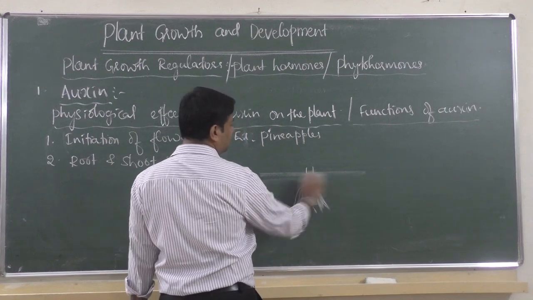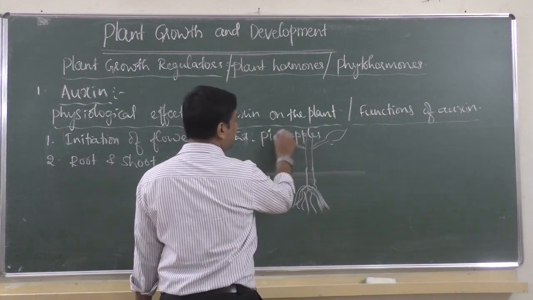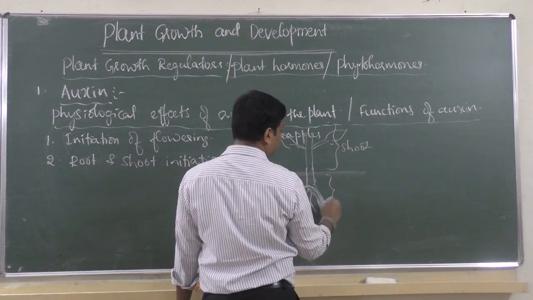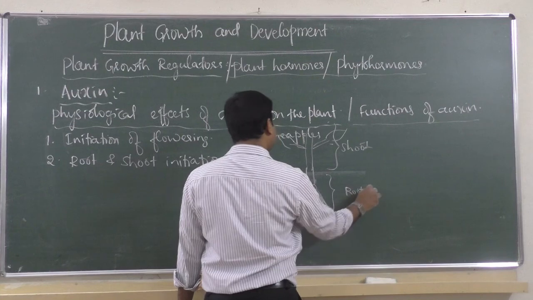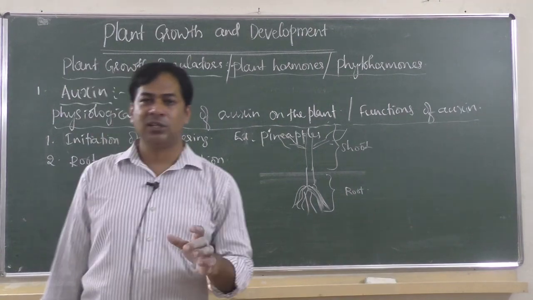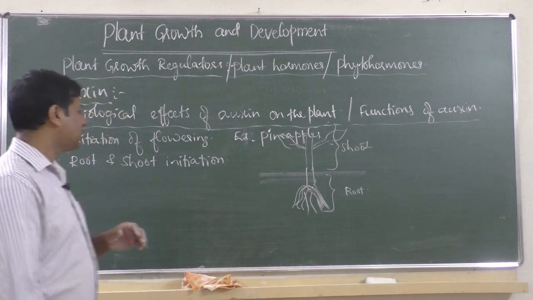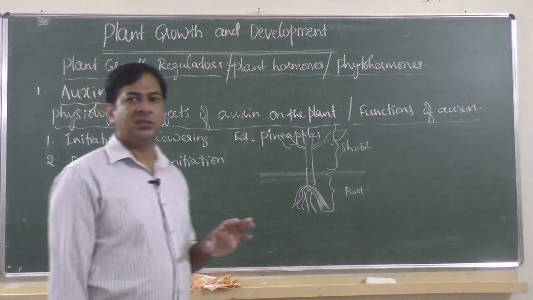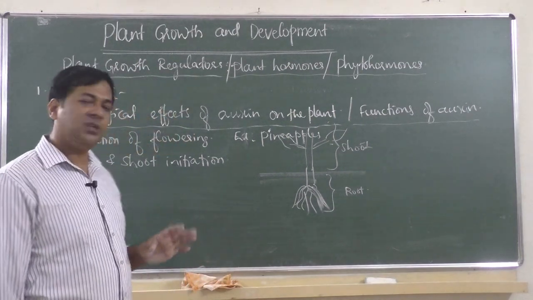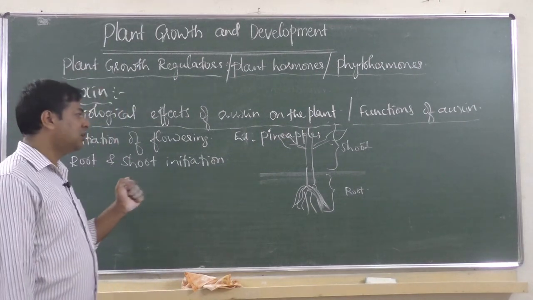Then here the stem is produced, then it produces branches, leaves, all that. This part is shoot, and the underground part is root. If any plant produces roots and shoots, the upper part that is stem, leaves, branches, it is because of auxins. Otherwise root and shoot don't grow. Naturally the plant produces auxins, that is why it produces roots and shoots. If naturally they don't produce, then artificially you have to spray auxins, then it starts producing root and shoot.